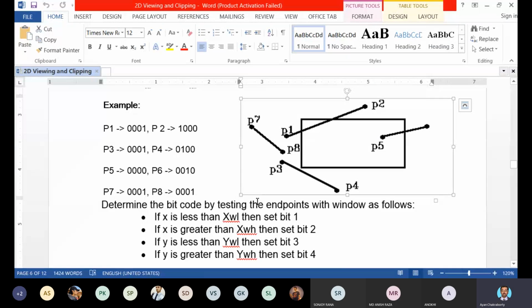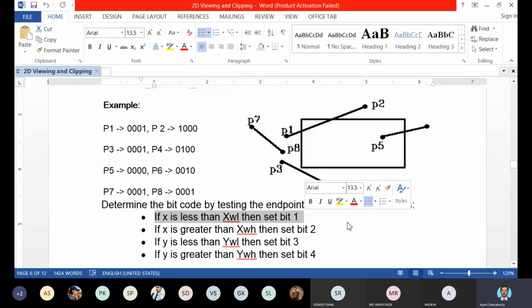So if the end point X coordinate of any line is less than XWL, then obviously this end point will be at the left side of the window. That's why it is said here, if X is less than XWL, then set first bit as 1.